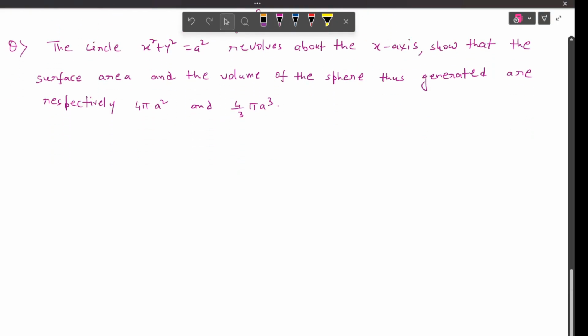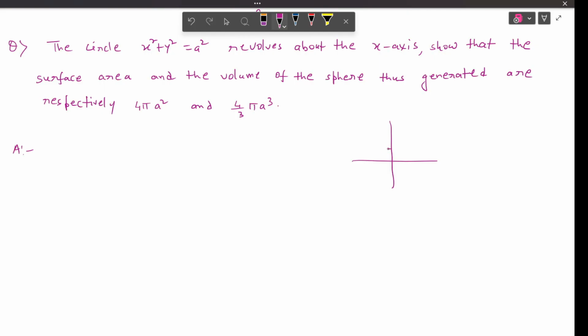Now we know that this is a circle passing through origin, where radius is a, so this side would be minus a. This is our origin.